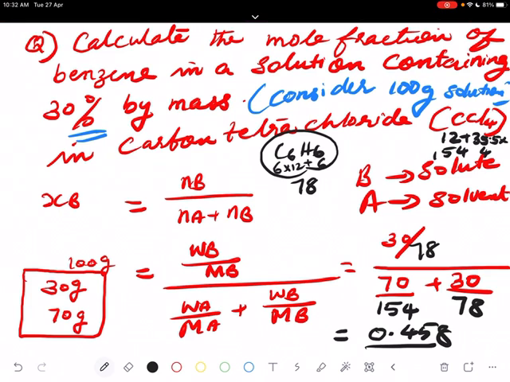So this benzene is non-polar. CCl4 is also non-polar. So benzene is soluble in carbon tetrachloride, CCl4, like dissolves like. Okay, that's about mole fraction.